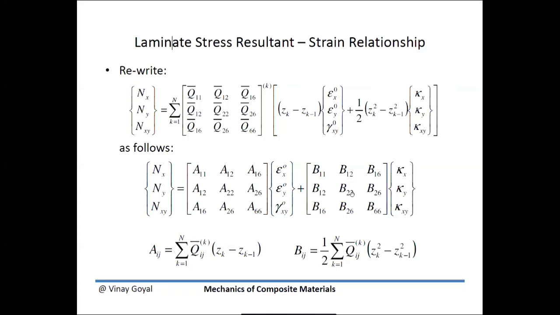And I can plug that in. And so then the force resultant simplifies to the A matrix times the mid-surface strain plus the B matrix times the curvatures. Note now how bending of a plate, which will cause curvature, will then also cause in-plane forces in that plate.